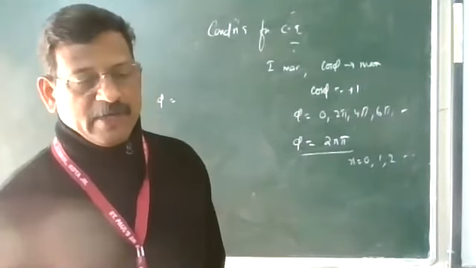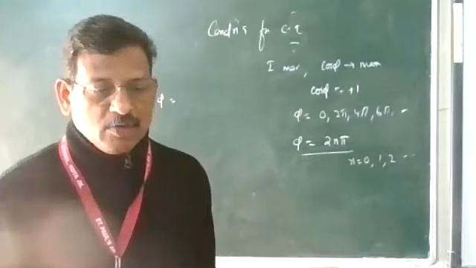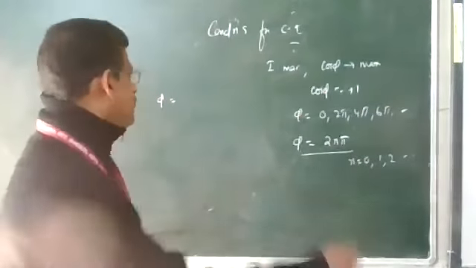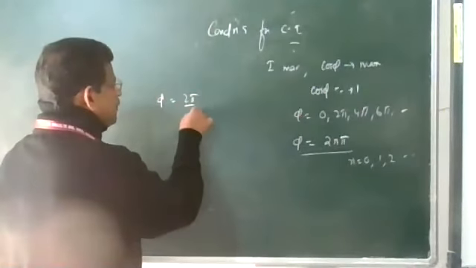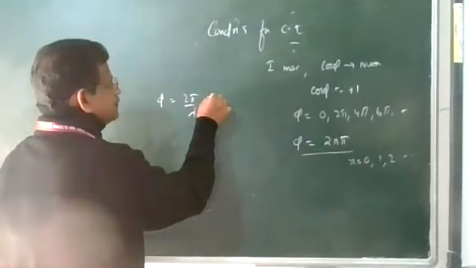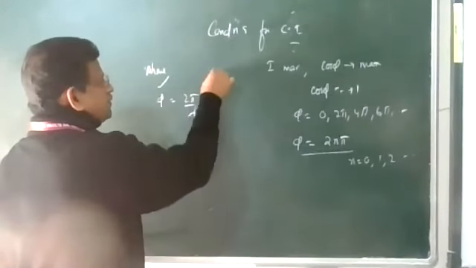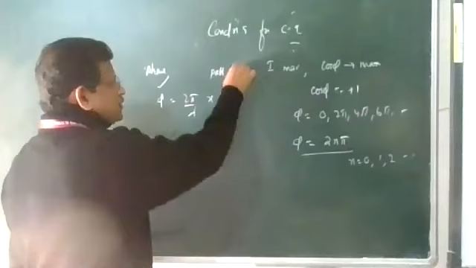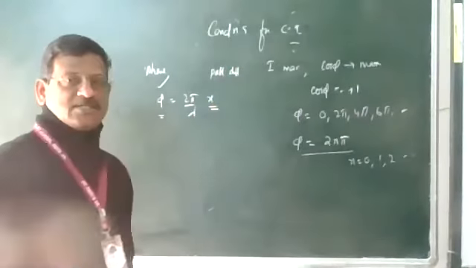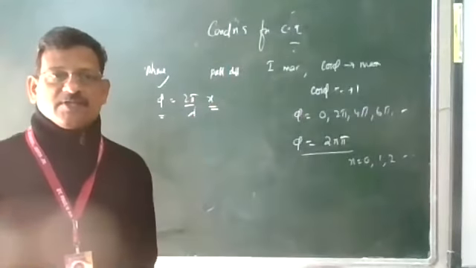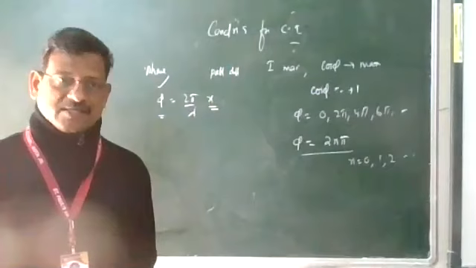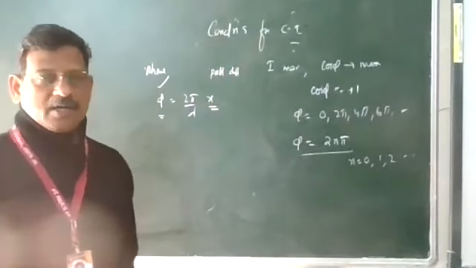In class 11th we derived this equation, and you have to remember it now. It is simple: phase difference phi equal to 2 pi by lambda times x, where x is the path difference. If two waves travel a path difference x, the phase difference is phi equal to 2 pi by lambda x.